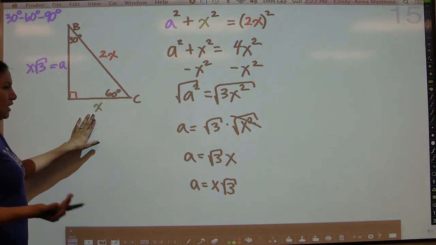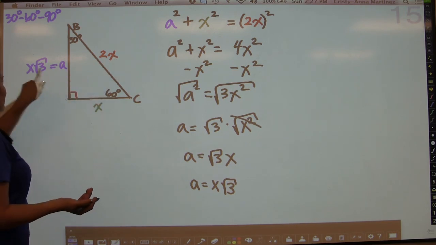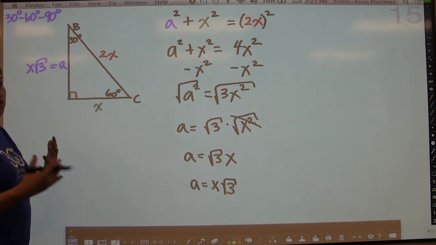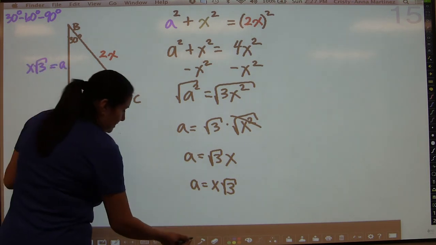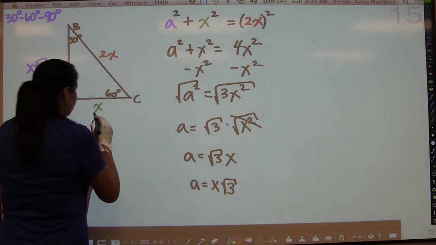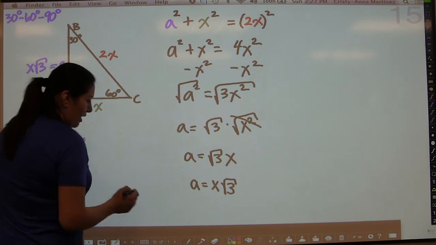So a lot of times, like in your book, we'll call this s, 2s, and s root 3. It doesn't matter which variable you use. So we're just going to go ahead and be consistent with the book right now, and we're going to rewrite those.